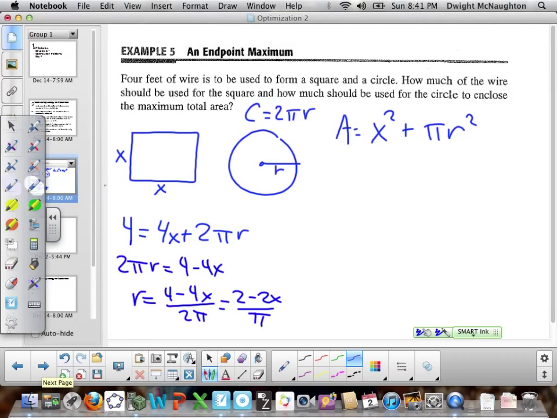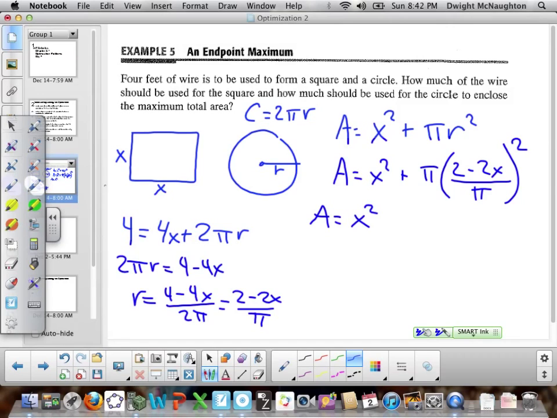We'll substitute that in. Area equals x squared plus pi times (2 minus 2x over pi) squared. All right, we'll clean this up a little bit. Area equals x squared plus pi over pi squared, which is 1 over pi, times the square of 2 minus 2x, which is 4 minus 8x plus 4x squared.